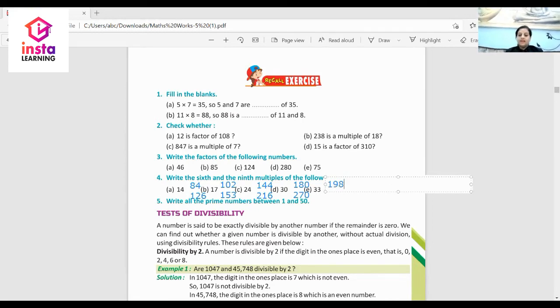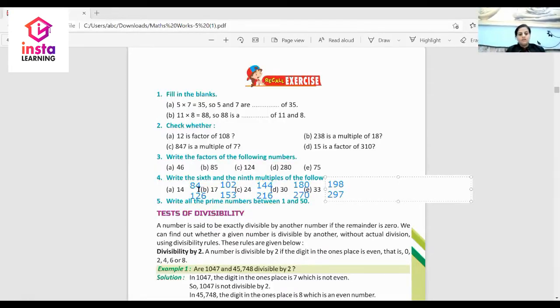And after that, 33 again. If you want to know the multiple, you have to multiply. Just multiply 33 into 9. You will get 297. This will be the answer. Okay, got it?